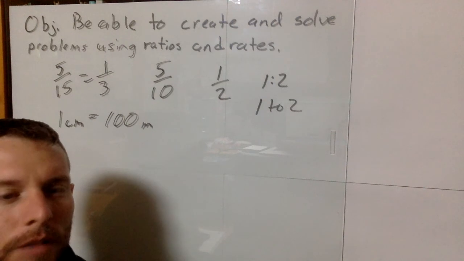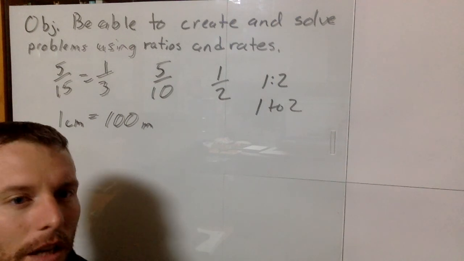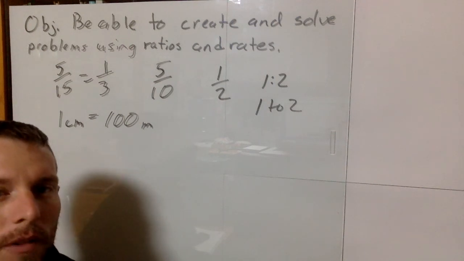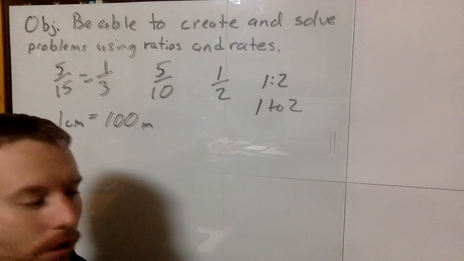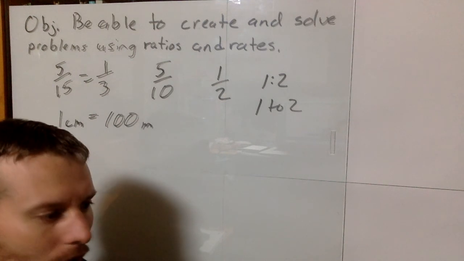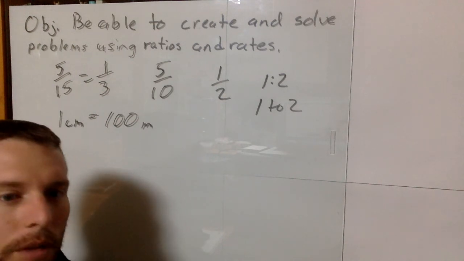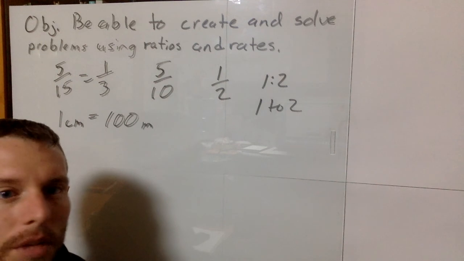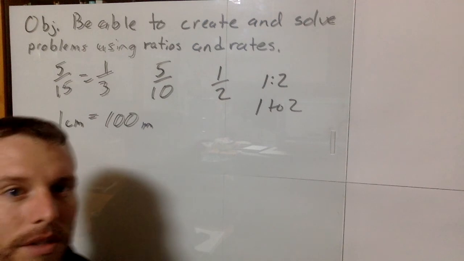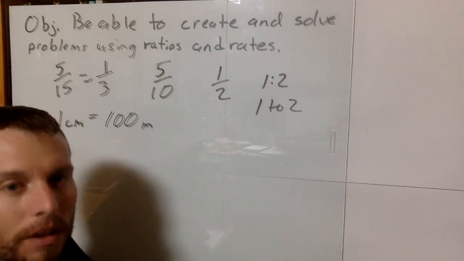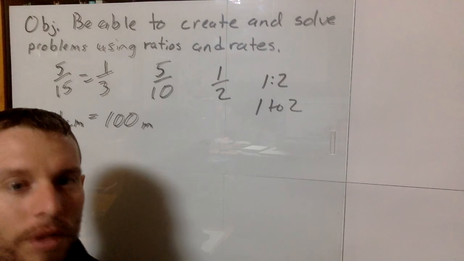Again, ratios compare similar units and rates compare different units. Even though it looks like we're comparing centimeters to meters, these are still both distances, both lengths within the metric unit system.